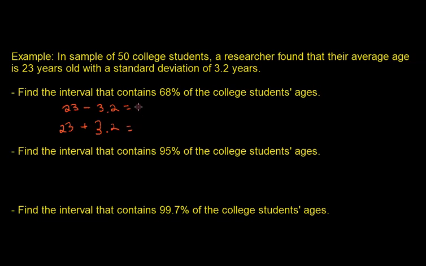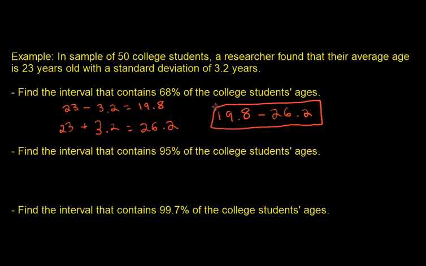So this would be 19.8, and this one would be 26.2. So 19.8 to 26.2. That means that 68% of the college students are between the ages of 19.8 and 26.2.